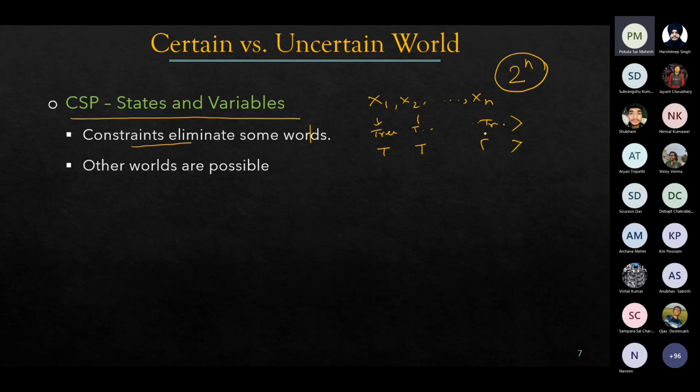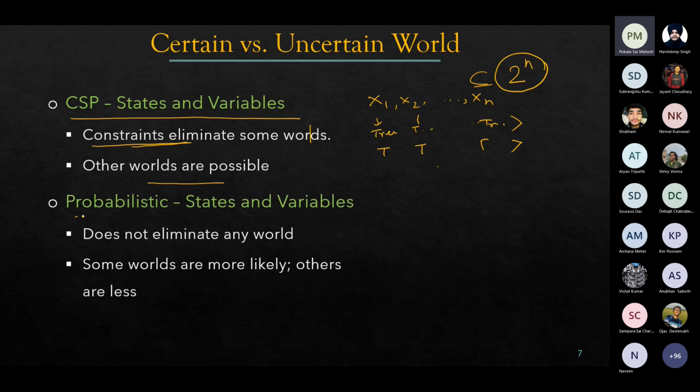Out of these, the constraints eliminate some of the worlds. So this set of valid worlds is a subset of these 2 to the power n possible states. We eliminate, and whatever remains are our worlds in the CSP domain, right?